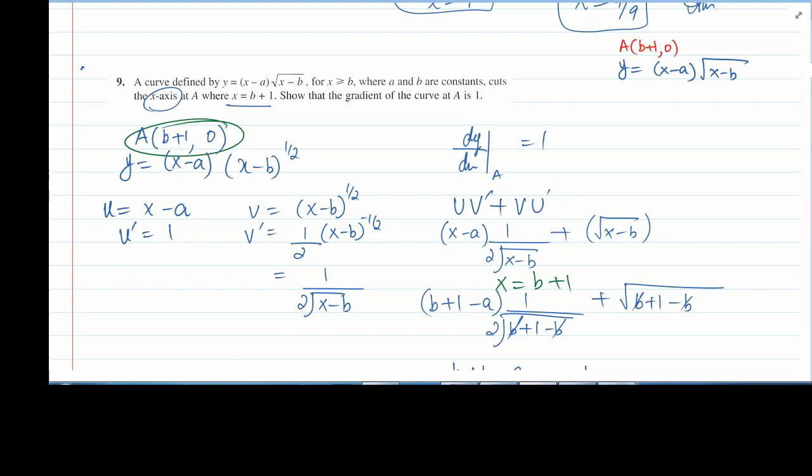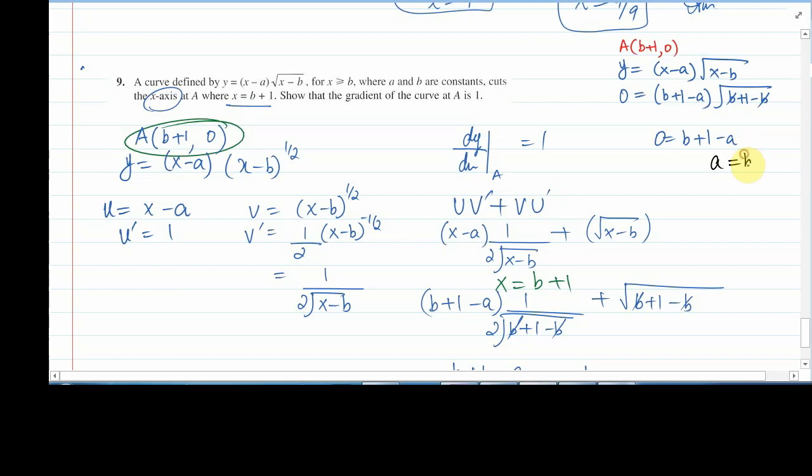So I'm going to put these coordinates in my equation. So y is 0. Instead of x, I will write (b plus 1 minus a) under root of (b plus 1 minus b). So here b and b cancel, so the leftover part is what? It's b plus 1 minus a equals to 0, and that is a very important relation we have, that a equals to b plus 1.